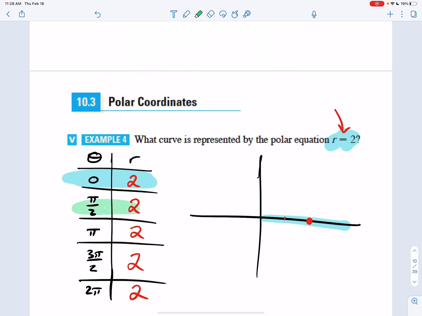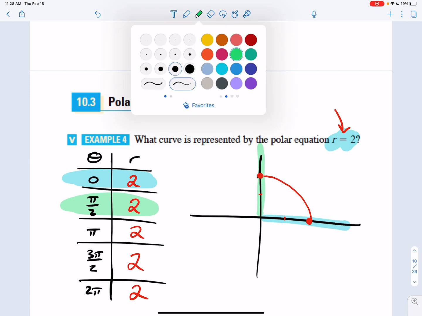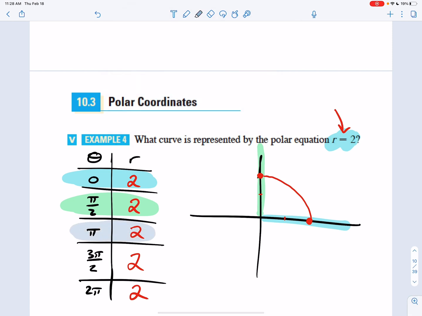At pi over 2 is up top, and you're going to go in the same direction because 2 is positive. You're going to go up 2 units. So it traveled from here to here, okay? I'll do another one. At pi is towards the left here, and we're going to stick with the same direction because the r is a positive 2.